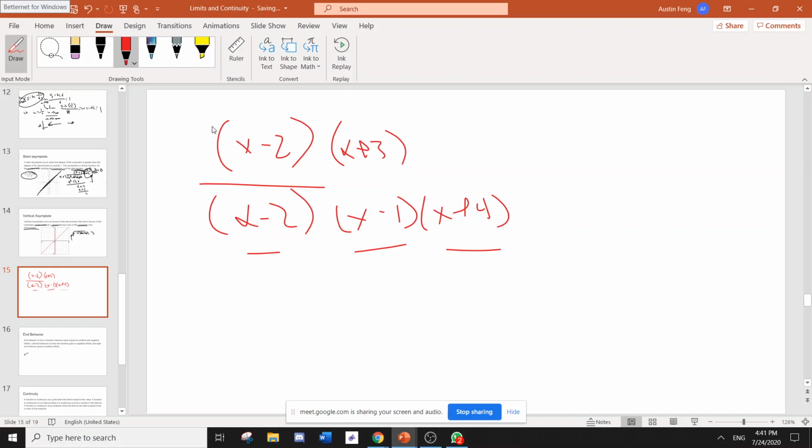We see that only for 2 does the numerator also become 0 when we plug in 2. So when x is equal to 2, we get a hole. For x equal to 1 and negative 4, we get asymptotes because the denominator is 0, while the top is a value that's not 0. So we don't get an indeterminate form. So at x equal to 1 and negative 4, we get vertical asymptotes.